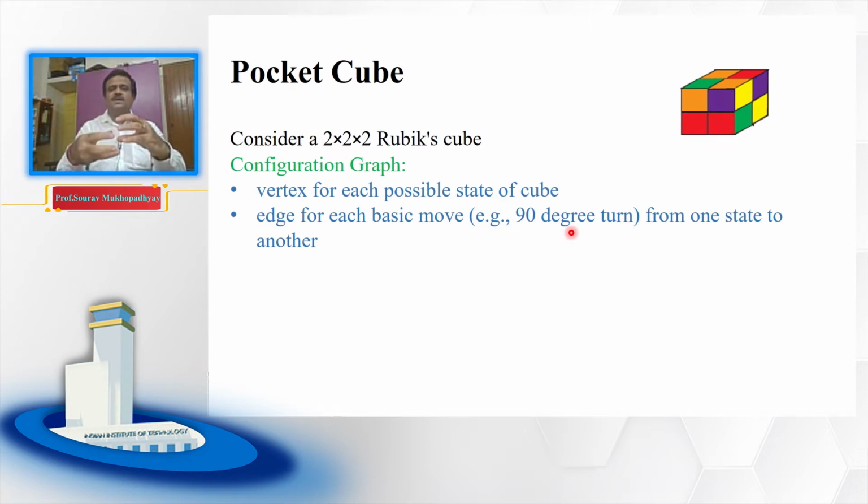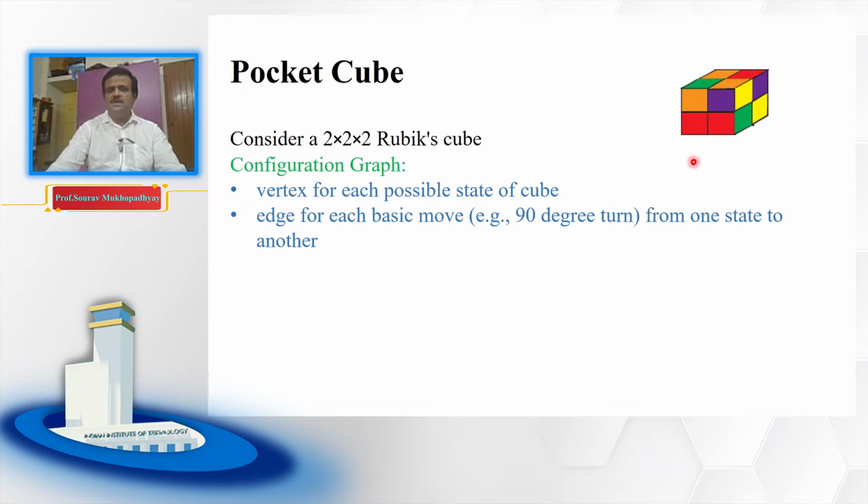So from this state we can go to that state. This is an undirected graph, so it is basically reversible. From that state we can also go back to the previous state, because we just made one move.